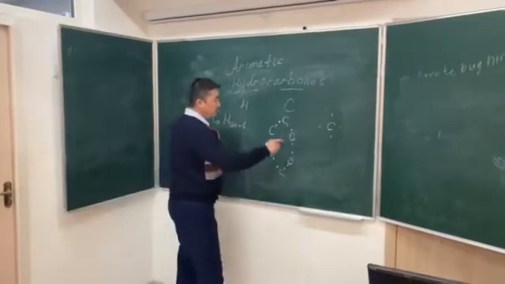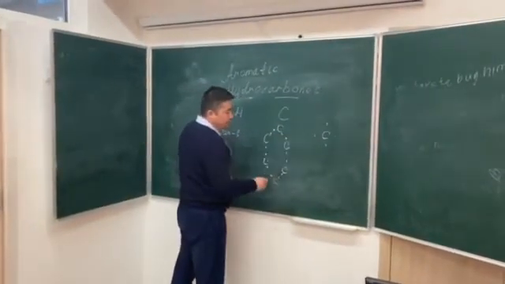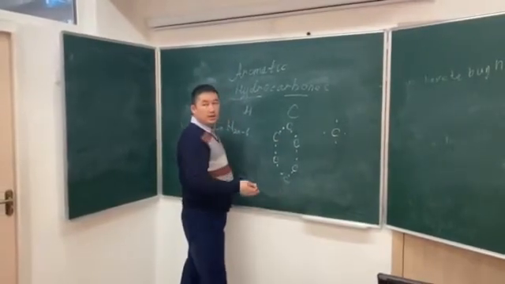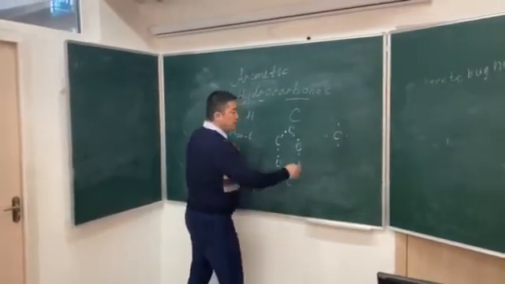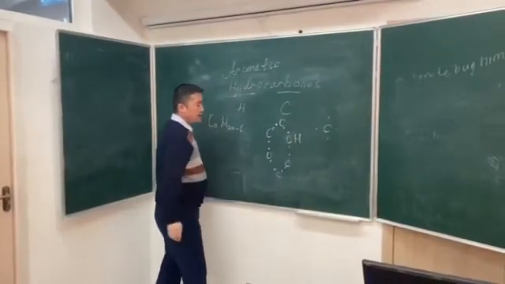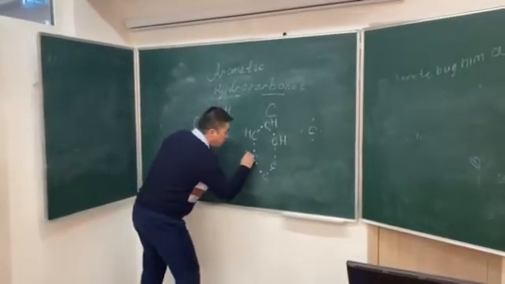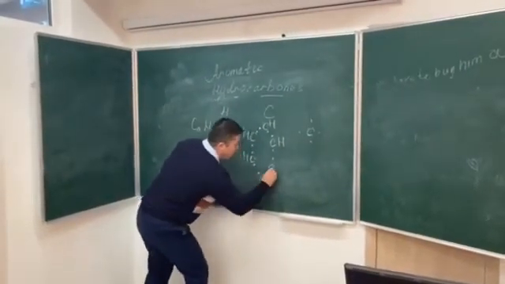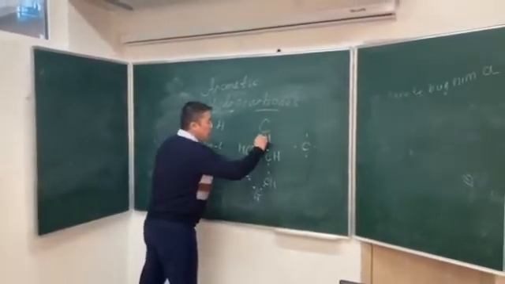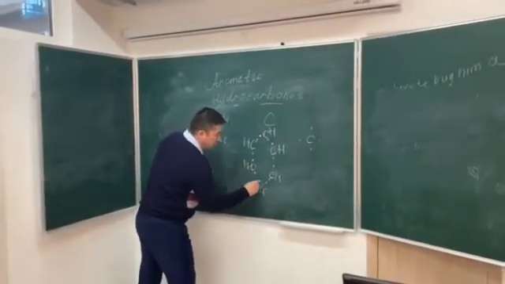So now look here. This is 2 electrons. We need 2 other electrons, so here we add 1 hydrogen atom. Here is 1 hydrogen atom. But a hydrogen atom has 1 electron, a bonding electron.